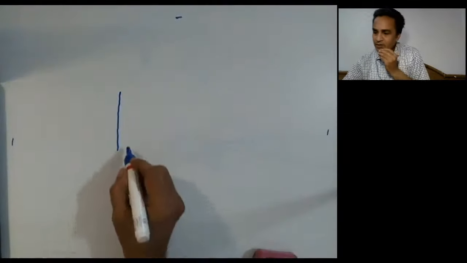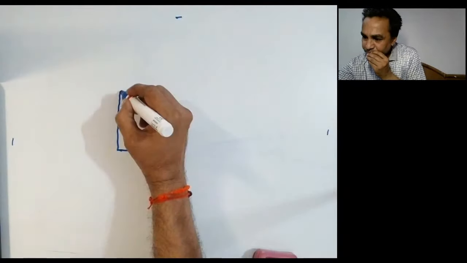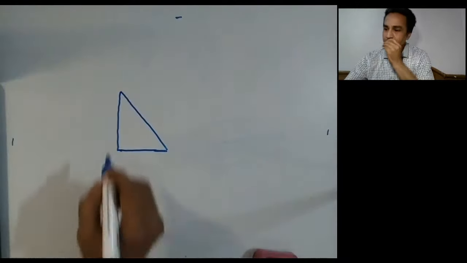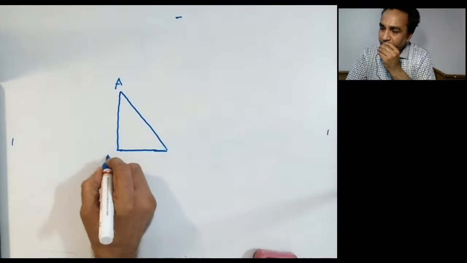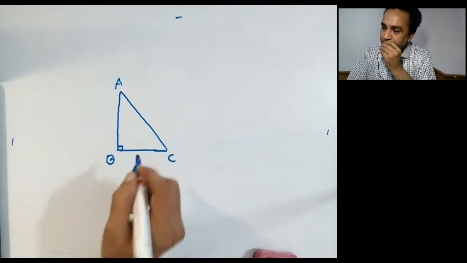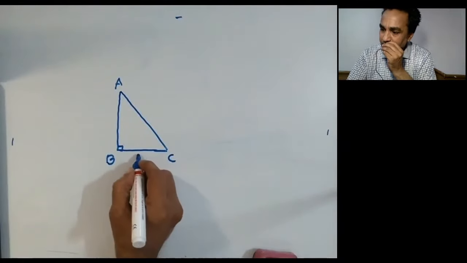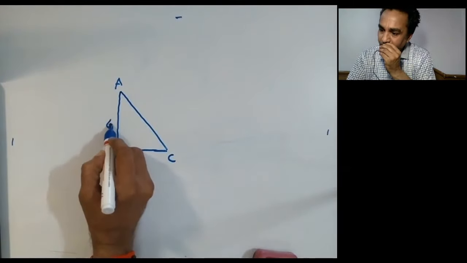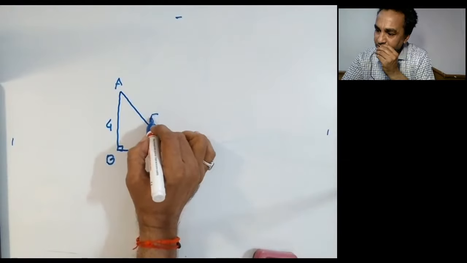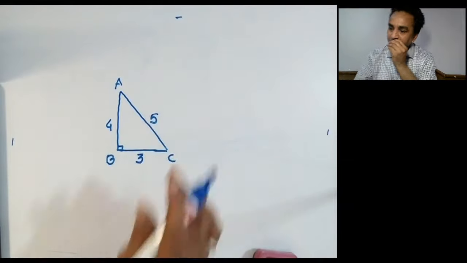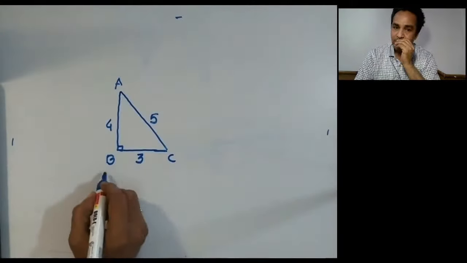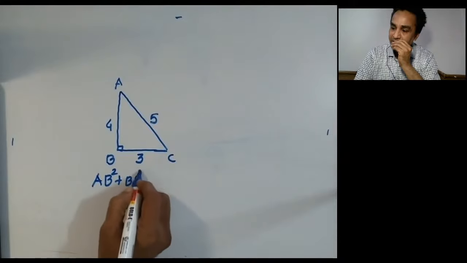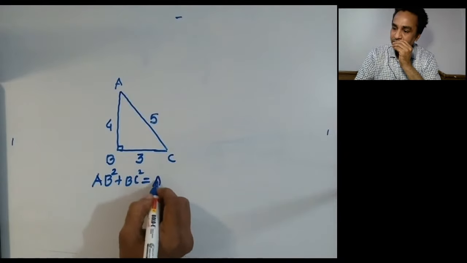That means if we have this right angle triangle ABC, suppose BC is equal to 3, AB is equal to 4 units, and AC is equal to 5 units, then Pythagoras says that AB square plus BC square is equal to AC square.